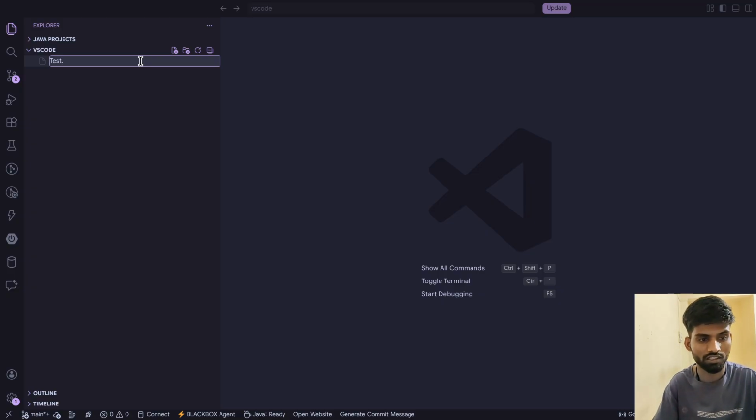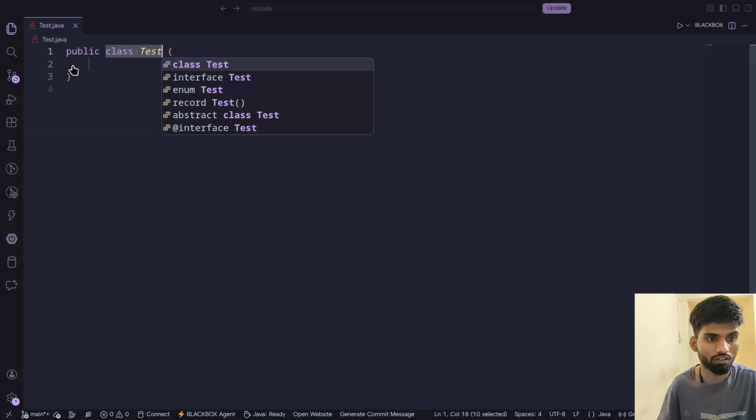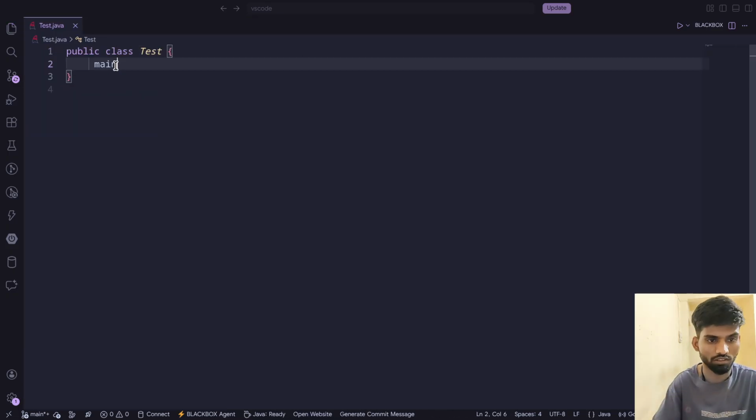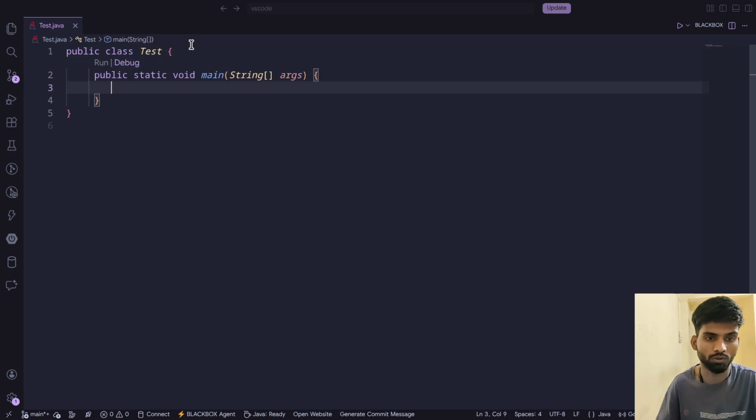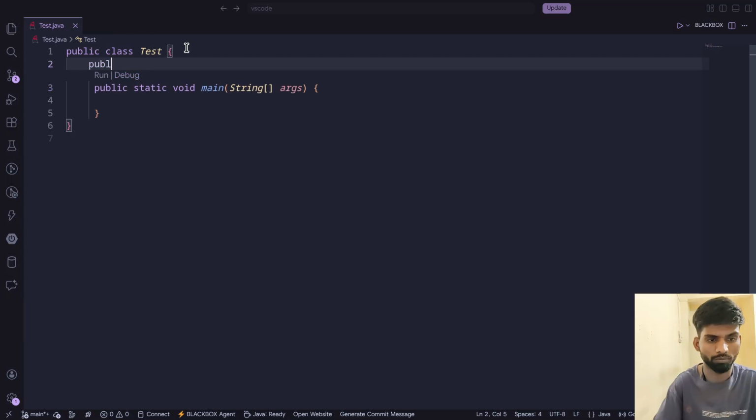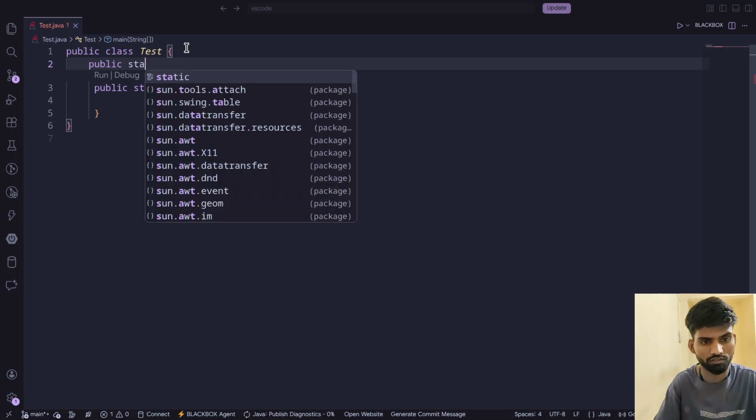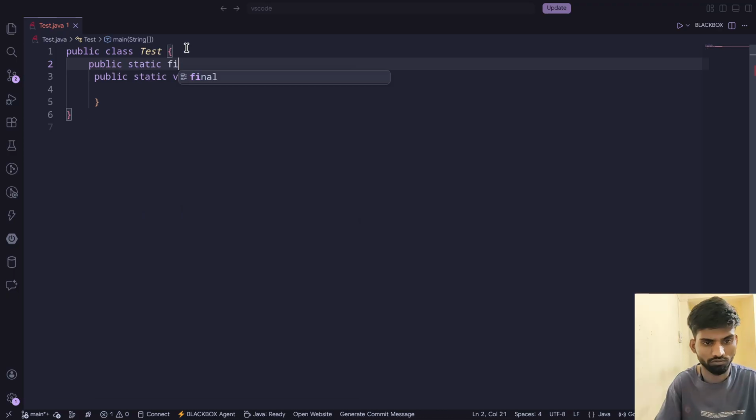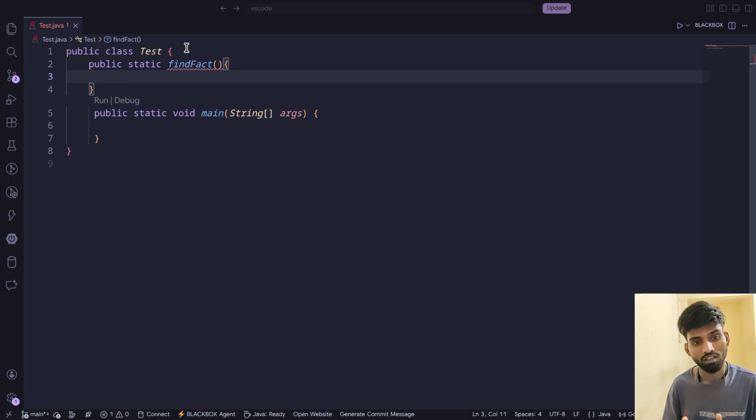I will write here, find factorial. I want to show you how, if I give some instruction to the computer, then it will give me the factorial. Then you have a clear idea why we are learning programming languages. That is the main point.